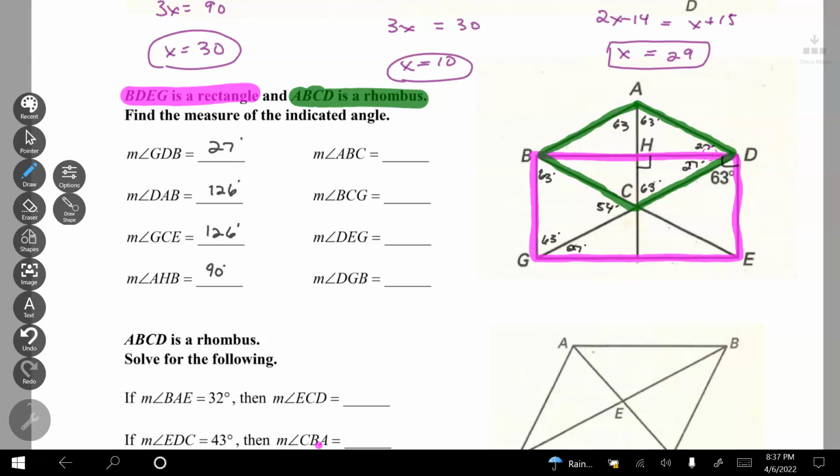ABC, well, these two 27s are the same thing here. It's 54 degrees. BCG, which I did earlier, is also 54 degrees. DEG is a 90-degree angle. And DGB is a 63-degree angle.